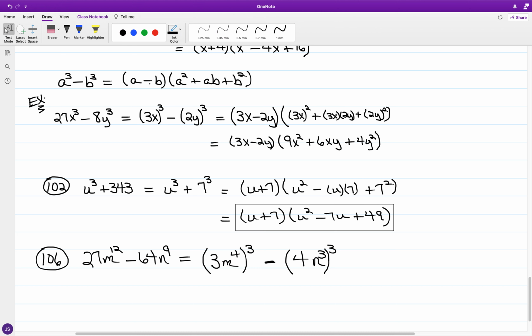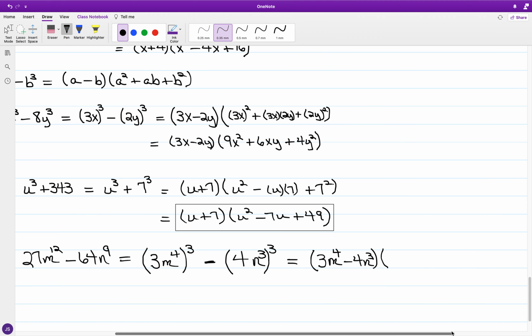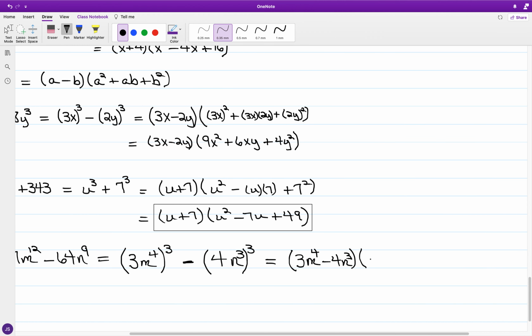And just taking what we have in the setup for a minus b, we have 3m to the 4th minus 4n cubed. And for the a squared, we have the square of 3m to the 4th.